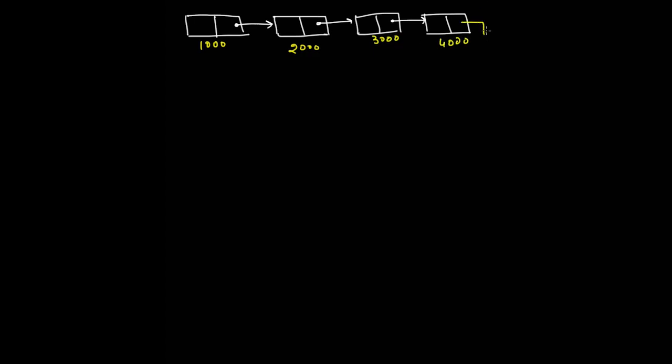Okay, so let us suppose this is the circular linked list which we have, and this is pointing to the head, and the data which is stored in the circular linked list is A, B, C, and D. Correct? And this position is storing 2000, this position is storing 3000, this position is storing 4000, and this position is storing 1000.